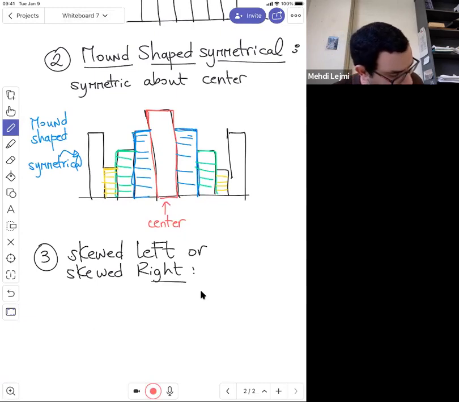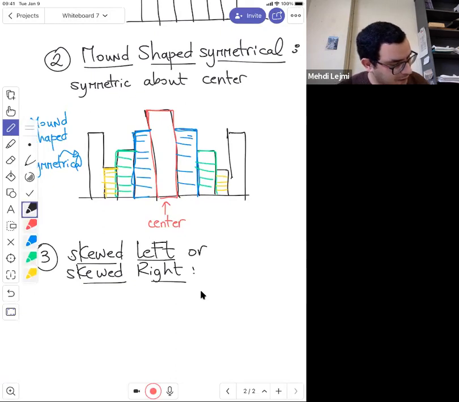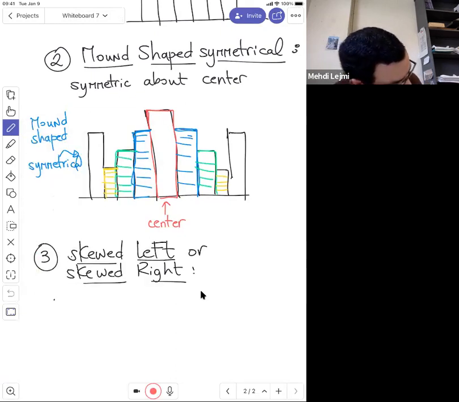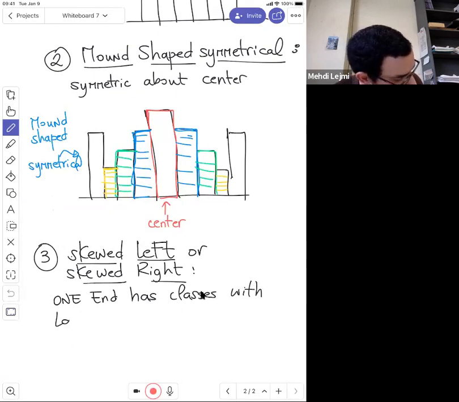Skewed left or skewed right is when one end has the classes with the largest frequencies.